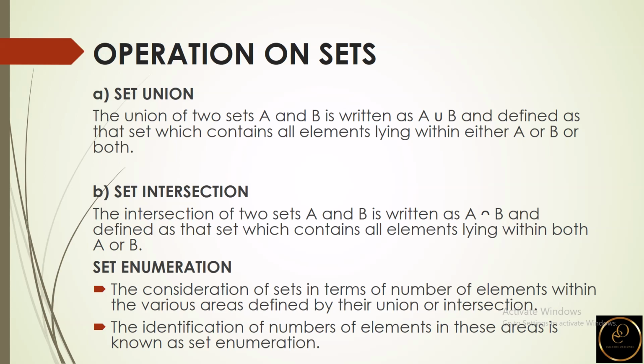So the identification of elements in these areas is what is termed as set enumeration. We did mention in this particular case that there is the term known as cardinality of a set, which refers to the count of elements or count of members in a particular set.